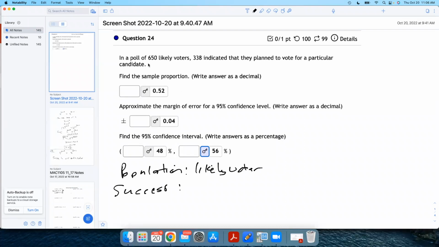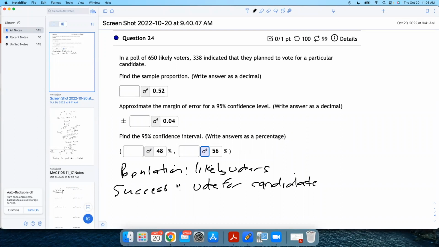Not these likely voters, that's my sample. That's just a sample. My population is all the voters, and I took a sample of 650 from that population. And success is they're going to vote for this guy, or plan to vote for him.